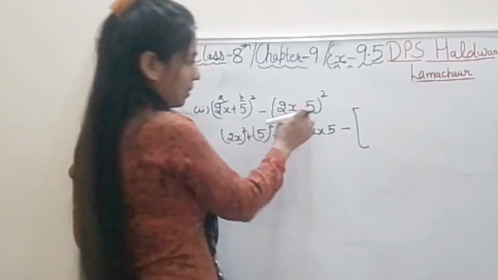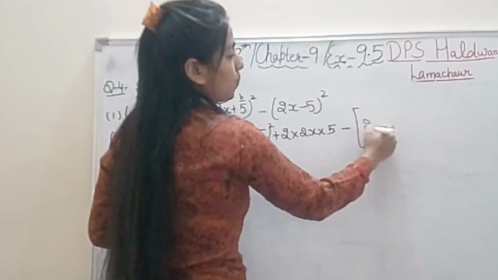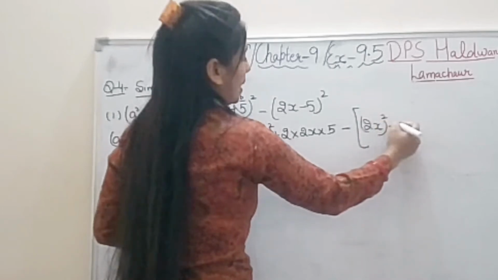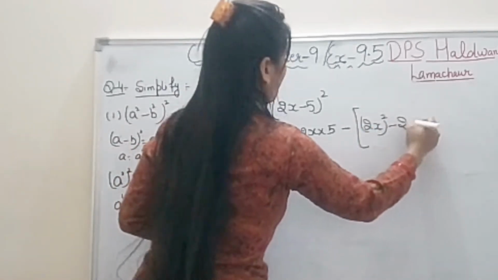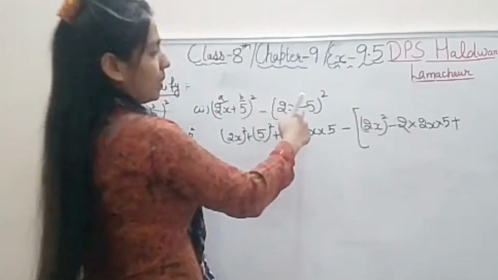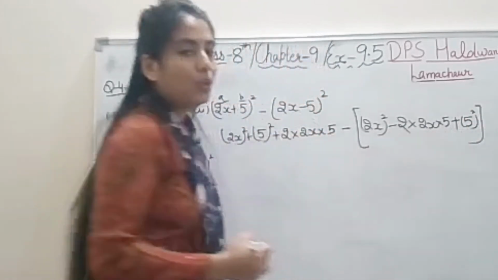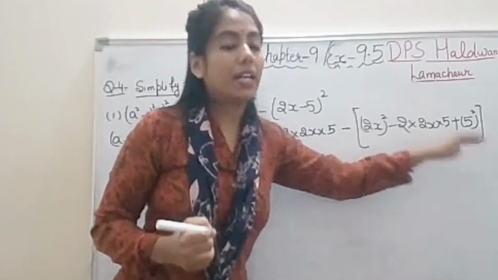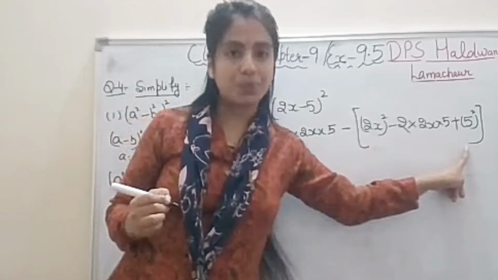Minus, now this is another term, a minus b ka whole square. So a square plus a square minus 2ab plus b square, that is 5 ka square. I hope you got it. And why have I put the square bracket? Because there is a negative sign outside, so the sign will change afterwards.